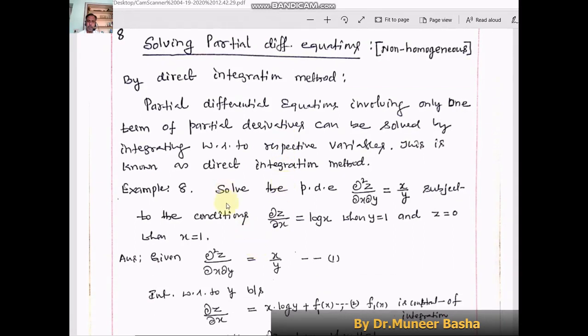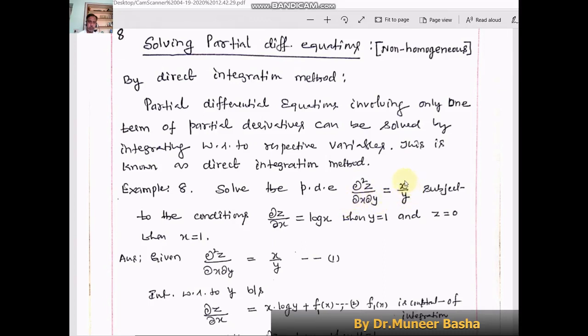For example, solve the partial differential equation dou square z by dou x dou y is equal to x by y, subject to the conditions dou z by dou x is equal to log x when y is equal to 1 and z is equal to 0 when x is equal to 1. So here this is a non-homogeneous partial differential equation involving only one term of partial derivative.